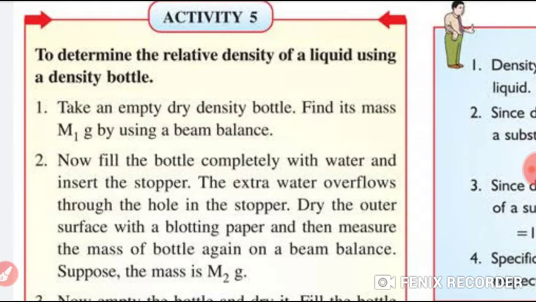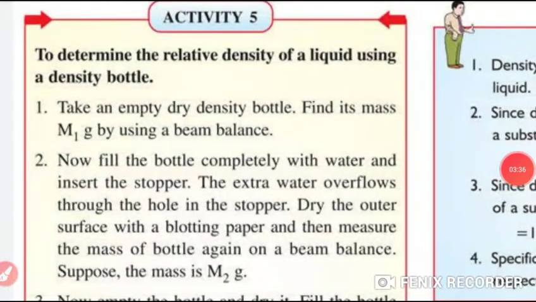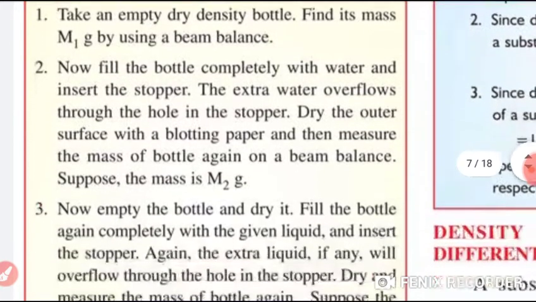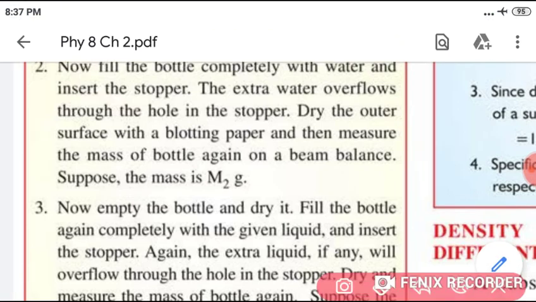Then you have to find its mass m1 by using a beam balance. Now you have to fill the bottle completely with water and insert the stopper that I told you about earlier. The extra water will come out through the hole in the stopper. Now dry the outer surface. Then you have to measure the mass of the bottle again on a beam balance.